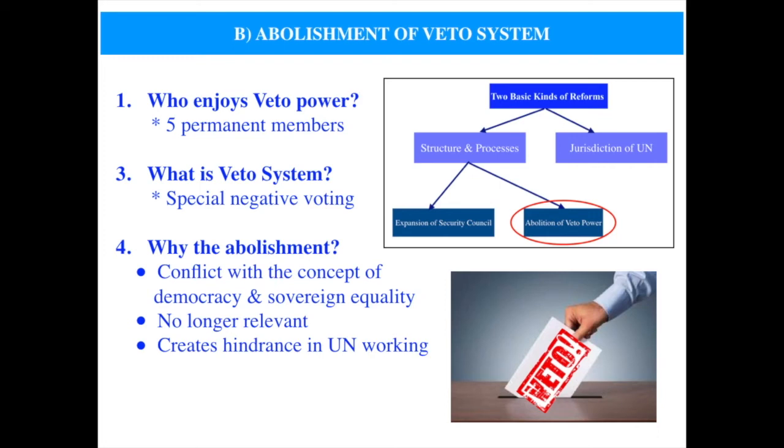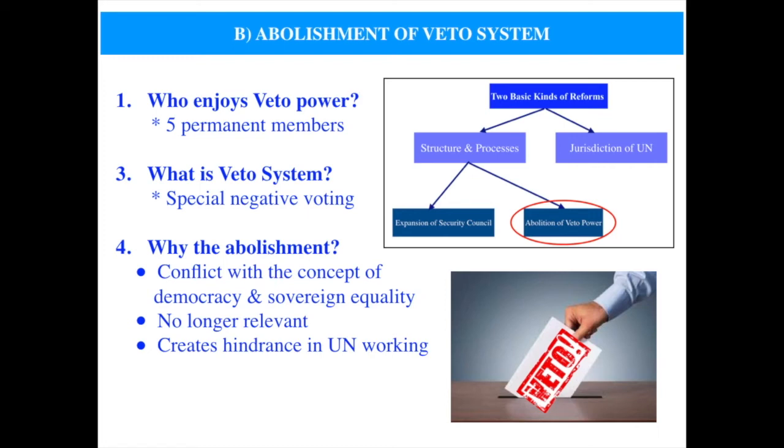Now, the non-permanent members, as we discussed earlier, are elected for a term of 2 years at a time. Okay. And a country cannot be re-elected immediately after completing a term of 2 years. So neither are they permanent nor do they have veto power. Fine. So next, what is the veto power? Now, veto power actually is a special voting power enjoyed only by the permanent members, and it is actually a negative vote.